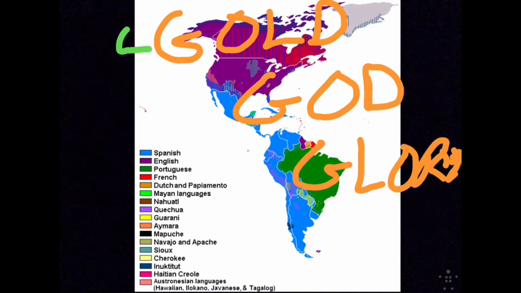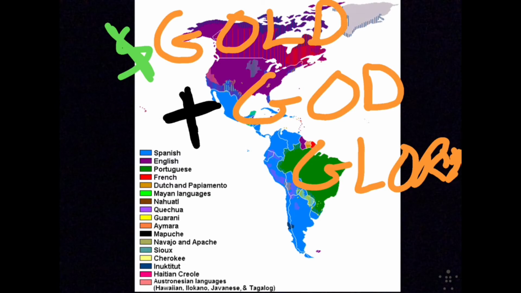You're either there to make the green, to find the gold. You're either there to spread the religion, and again, predominantly the religion that was spread was Roman Catholicism. Or you're there for glory for yourself, to make yourself look good. One of those three G's reflects every single type of exploration of the region.